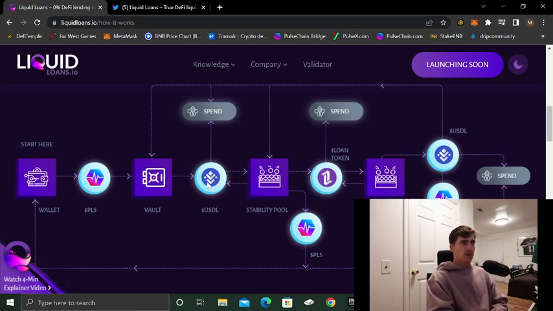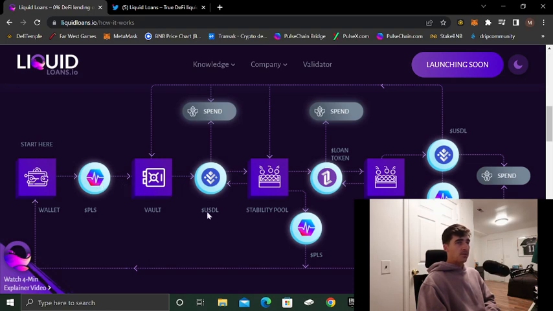You take a loan out in USDL. USDL is algorithmically pegged to the dollar, so $1 of Pulse is 1 USDL. That may fluctuate up or down, but in this trade, it will represent the amount of Pulse. I mean, it will always hold that value of $1 in Pulse.